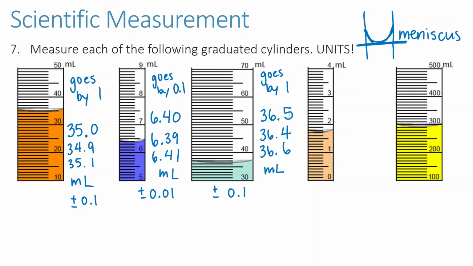The next graduated cylinder, first we have to figure out what it goes by. If this is 1 and this is 2, that means this one is 1.1, 1.2, 1.3. So this one goes by 0.1.